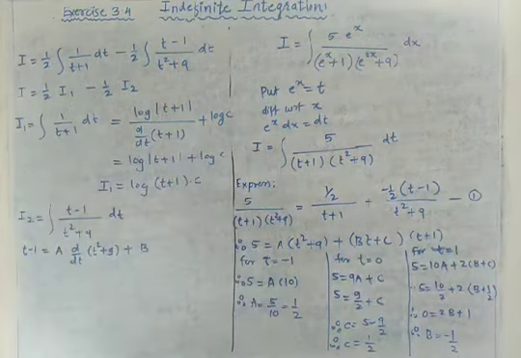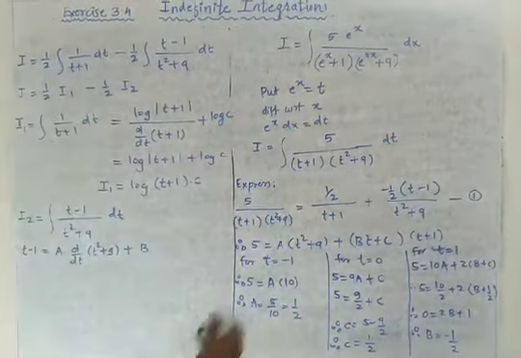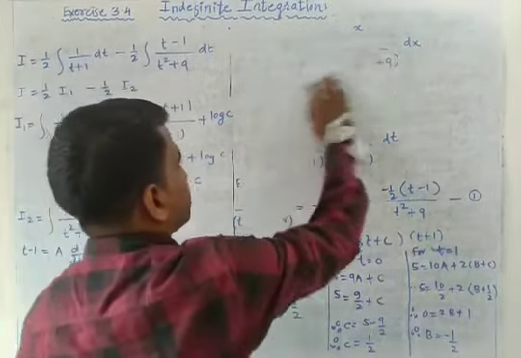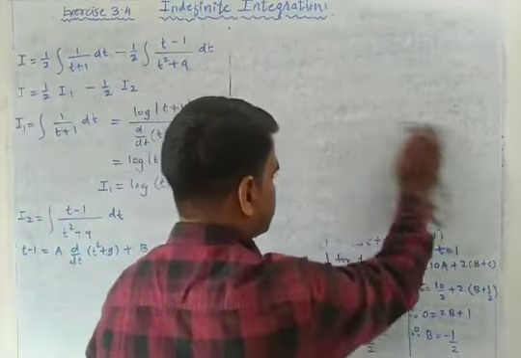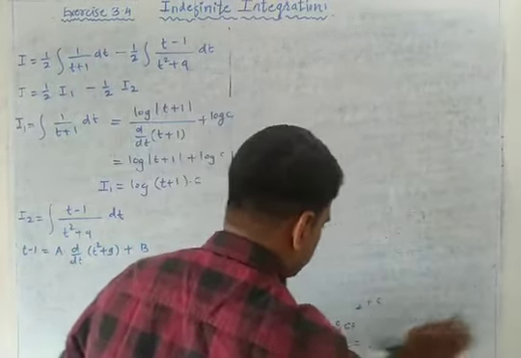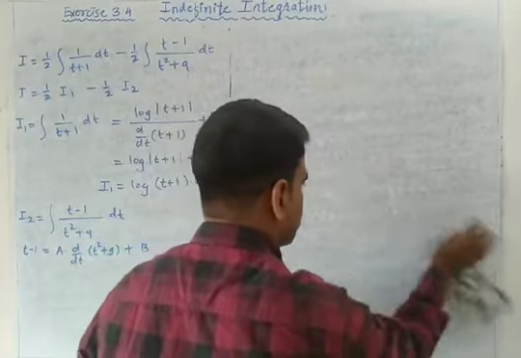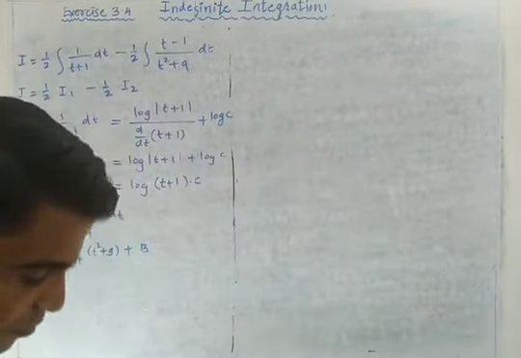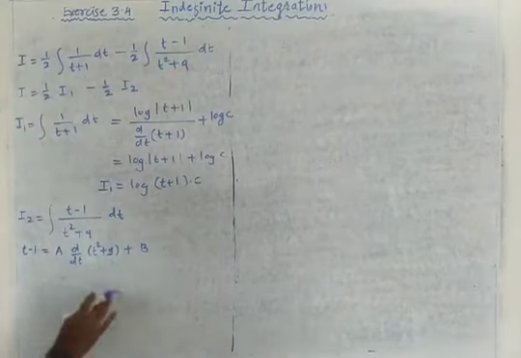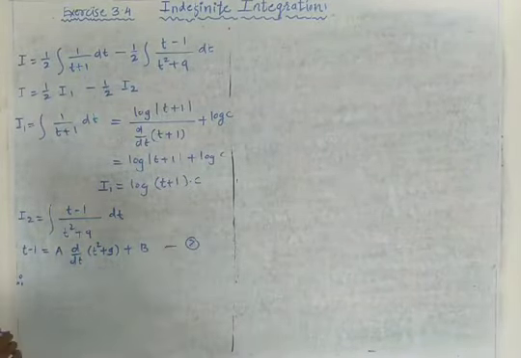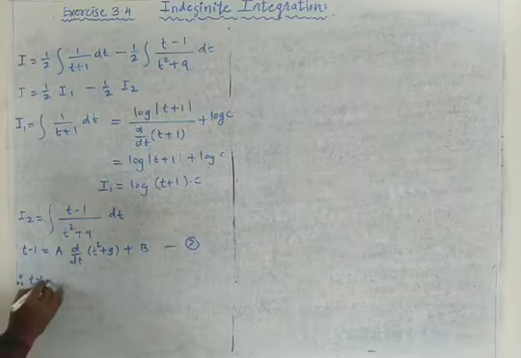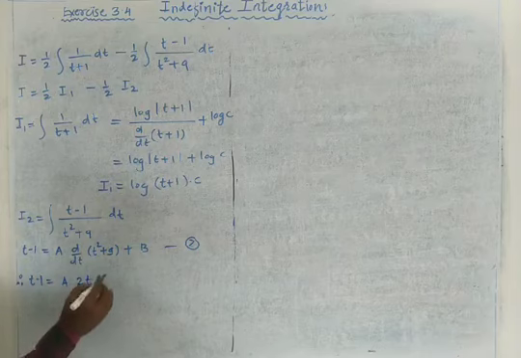Okay, so the next part of simplification. So for this, start with simplification. This is equation number 2. So now simplify t minus 1 equals a into, now derivative is a 2t plus 0 plus b.